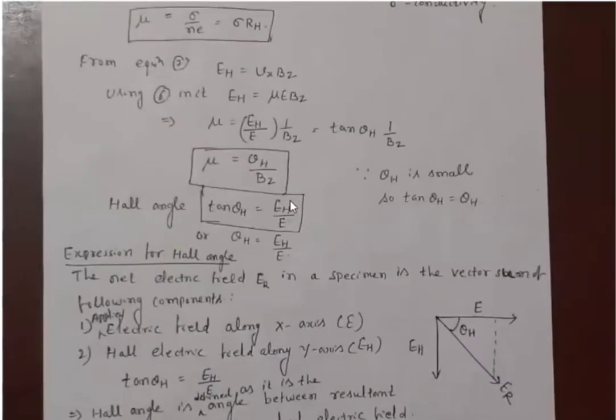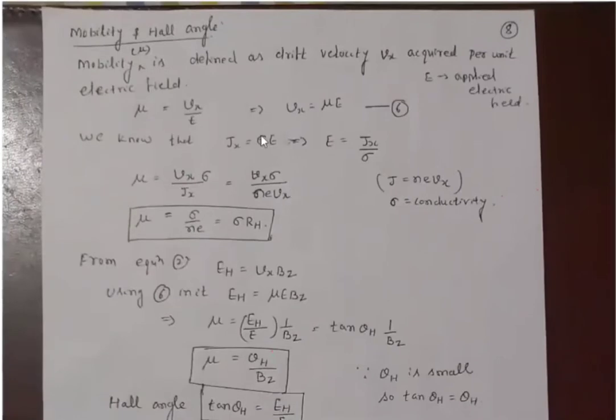Now we will discuss the mobility and the Hall angle. What is mobility? Mobility is basically related to the drift velocity of the electron. So mobility tells us how much drift velocity is acquired by the electron per unit applied electric field.